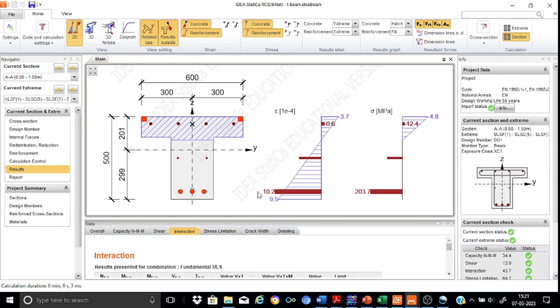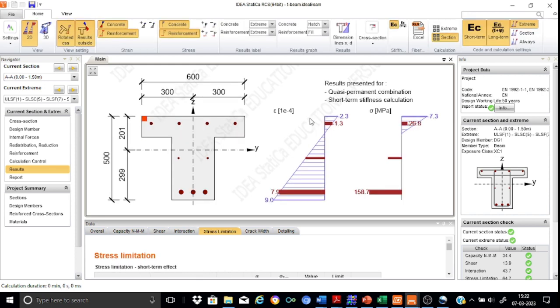This is the strain in the bars, and here is again shown the stress distribution, stress diagram. We find that we have 4.8 MPa as a concrete stress, and here the maximum stress in steel is 203.7.